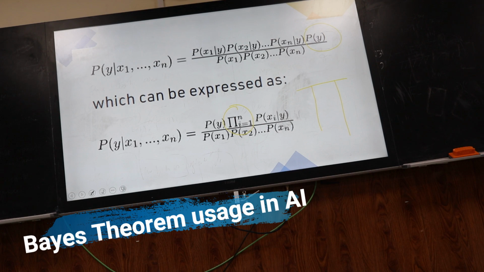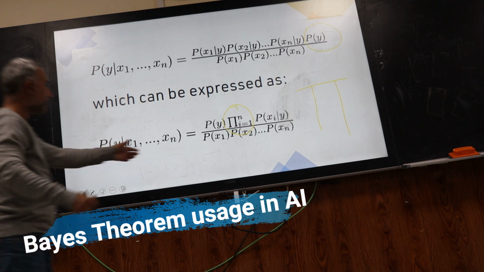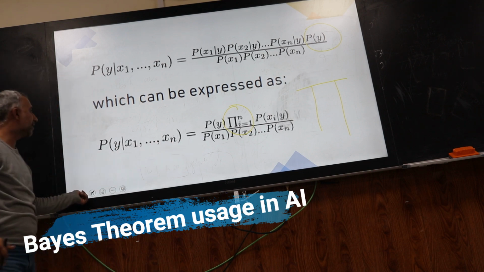Once you are working in a neural network, you will apply logarithm on it. If you apply the logarithm, then the product changes into a summation. Then of course you sum up all the events, all the values. In this way you can determine it.